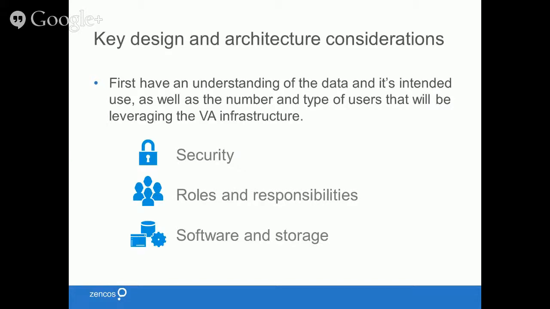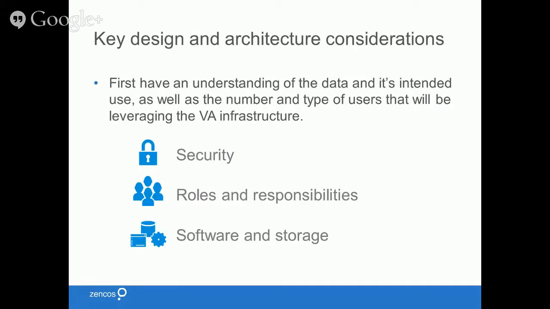But I would also say in terms of design and architecture considerations, there's nothing different from a standard process you might go through for any typical BI engagement in terms of thinking about how do I set up and implement visual analytics. Standard things that I would recommend you always go through are what is my data, understanding your data's intended use, as well as understanding how users and the types of users, going back to those roles, how are those users going to interact and interface with your data?